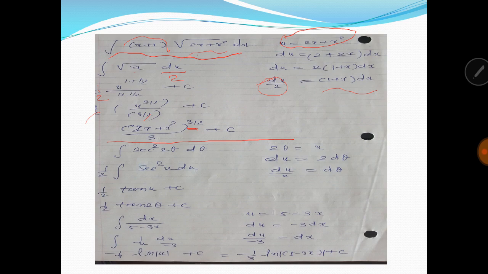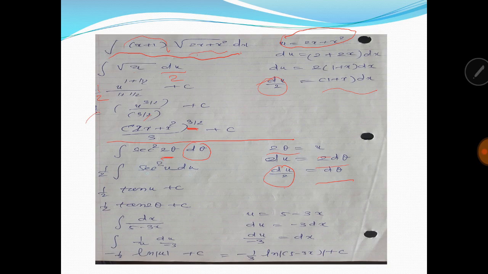This is the next example where you are doing integration of sec square 2 theta d theta. So you take 2 theta equal to u. So du is equal to 2 d theta, and du divided by 2 is equal to d theta. So you replace d theta by du divided by 2 and 2 theta by u. So you get 1/2 sec square u du.